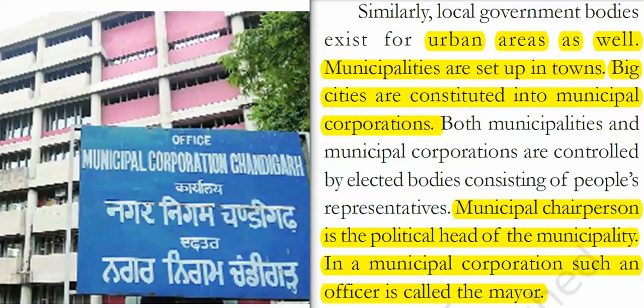Municipal chairperson is the political head of the municipality. In a municipal corporation, such an officer is called the mayor. For municipal corporation also, the city is divided into some wards, and the members elected from these wards are generally called councillors.